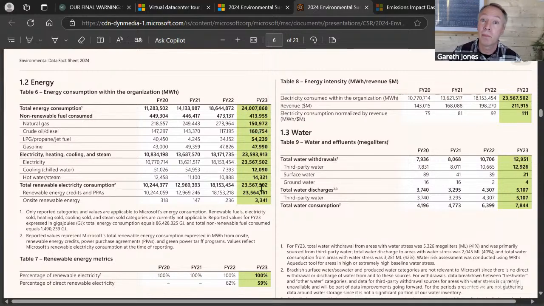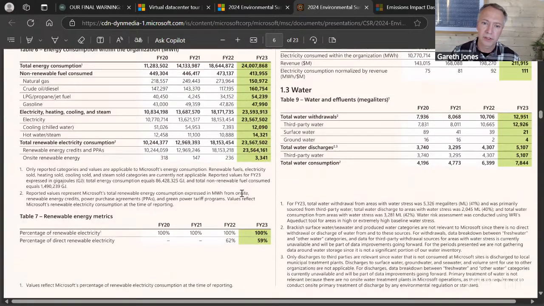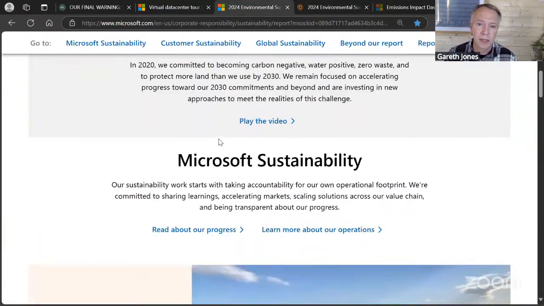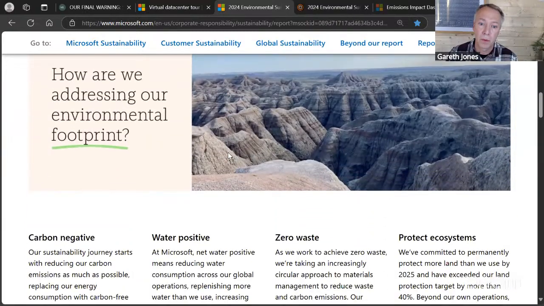But on the positive note, if you look at the renewable consumption, that is increasing all the time. And Microsoft have got some pretty cool commitments actually in terms of what they're doing.